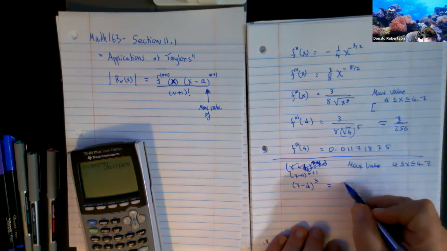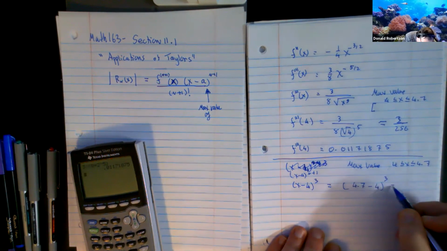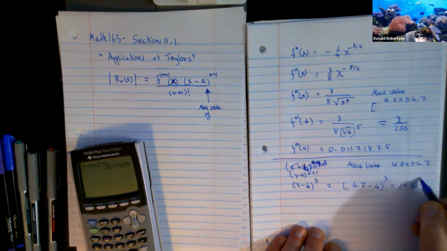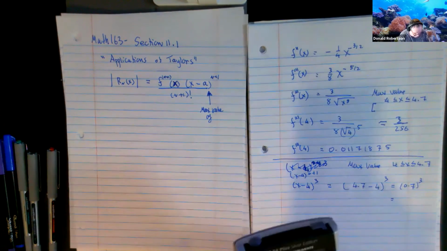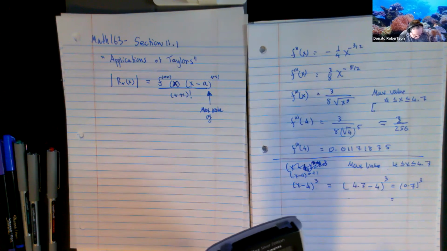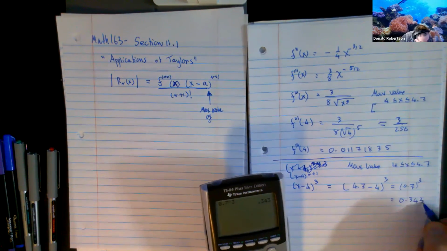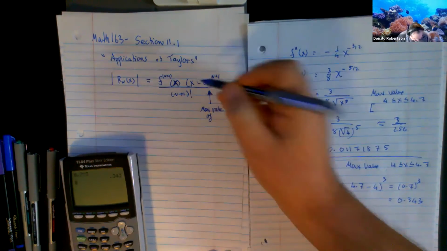So its maximum value is 4.7 take away 4 cubed, which is 0.7 cubed, which is also going to be a horrible decimal, 0.7 cubed. And I got 0.343. So that's this bit.